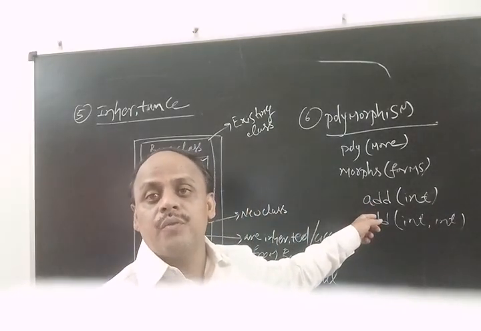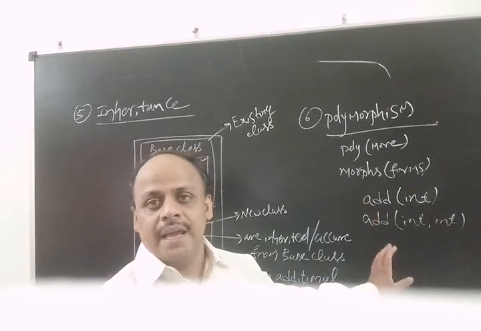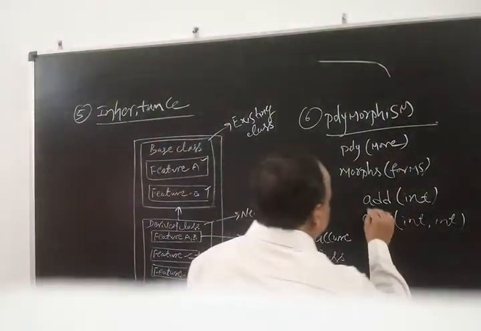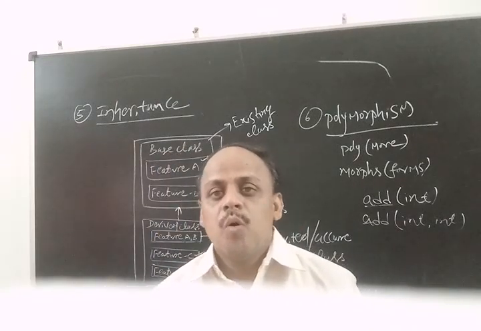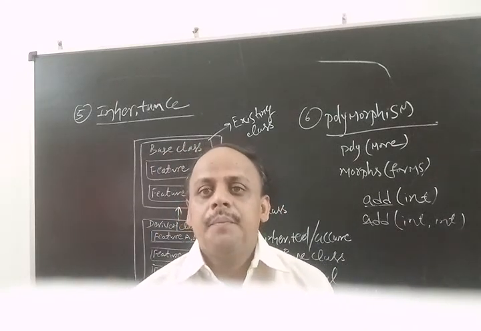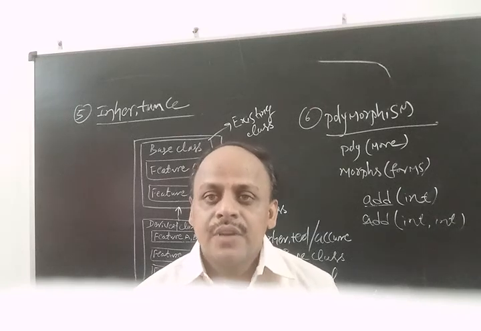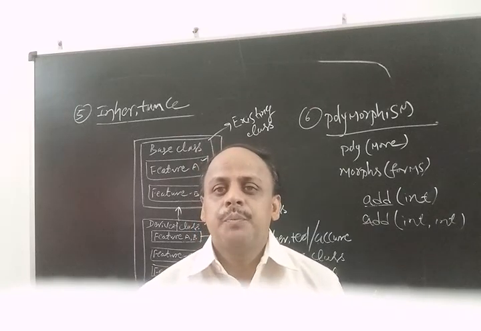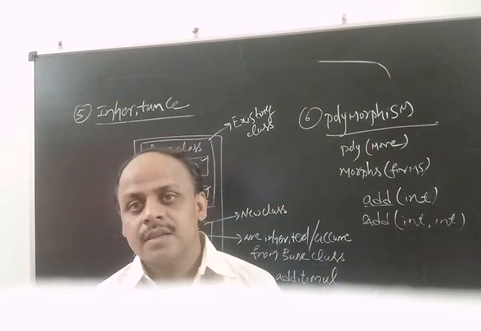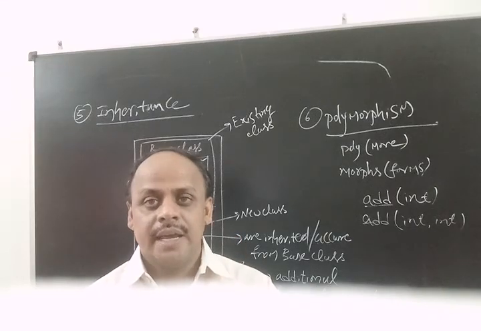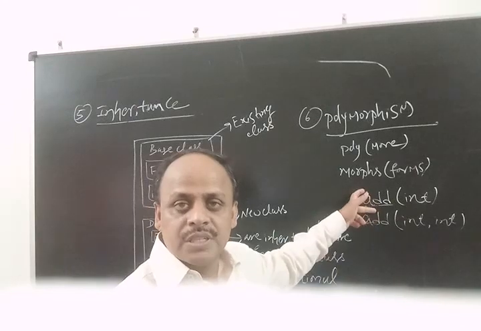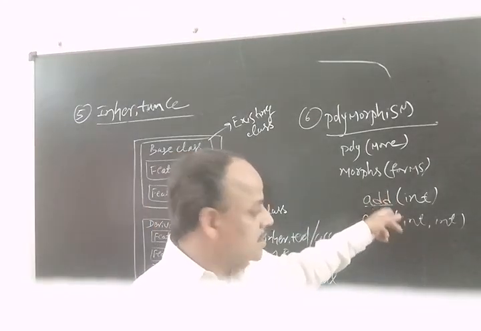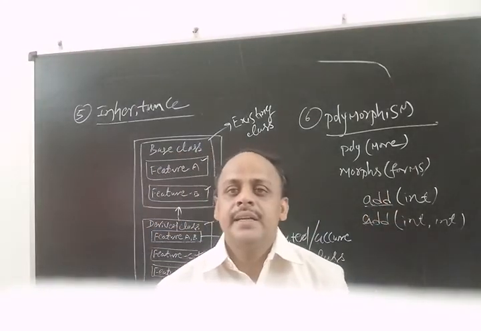Simply, polymorphism means two or more functions will be there in the program, and all the functions perform different tasks with the same name. For example, add.